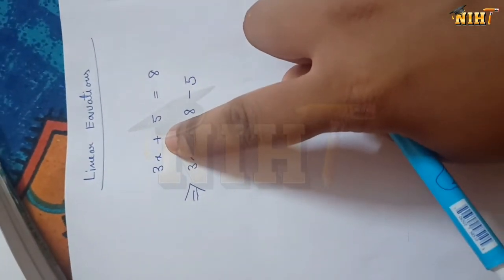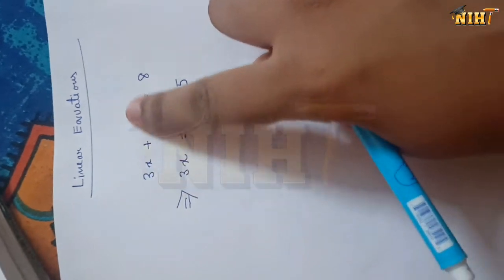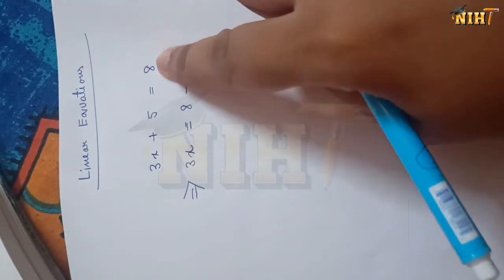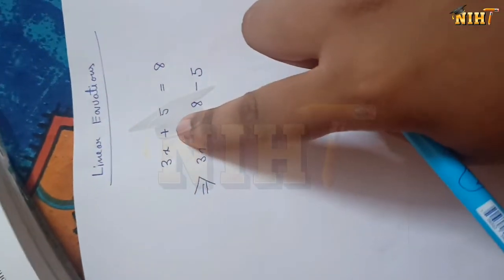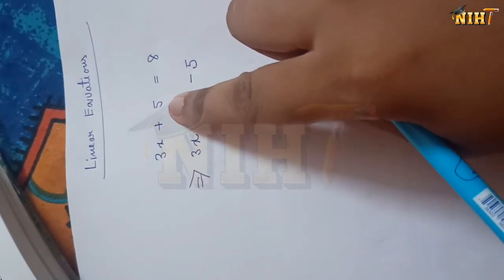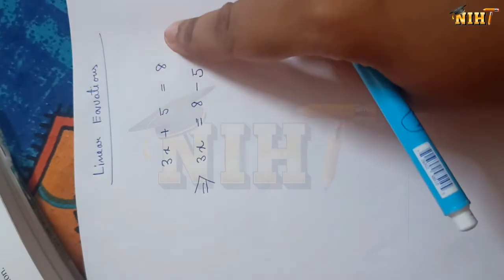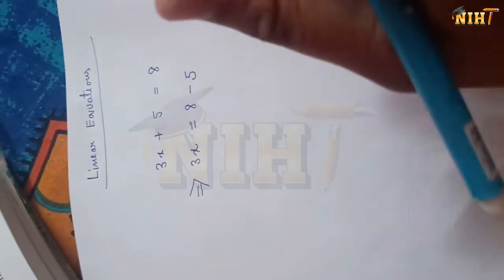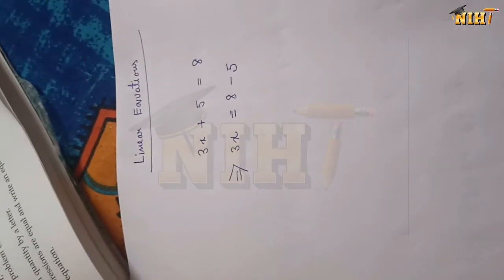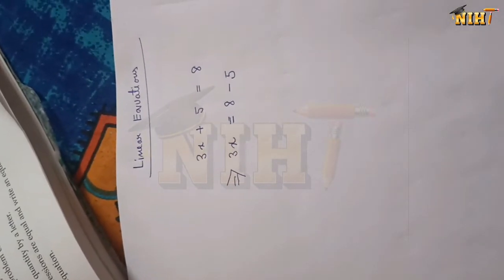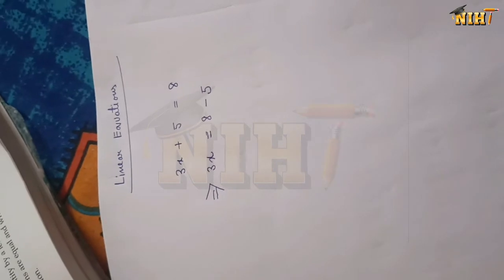So when this plus 5 goes to the other side of the equal to, it becomes minus 5. If it was minus 5, then it will become plus 5. So when the value goes from one side of the equal to the other side, its sign always changes.